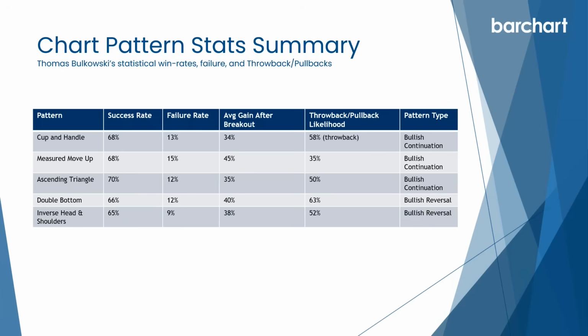Breakout performance, an average of gain post breakout. And throwback likelihood. Now, there's a little semantics here: the word throwback or pullback, you've probably heard that. But in the world of technical analysis, a throwback is where price retreats from a peak, but they can be interchanged. Throwbacks will help us to manage re-entries and risk.